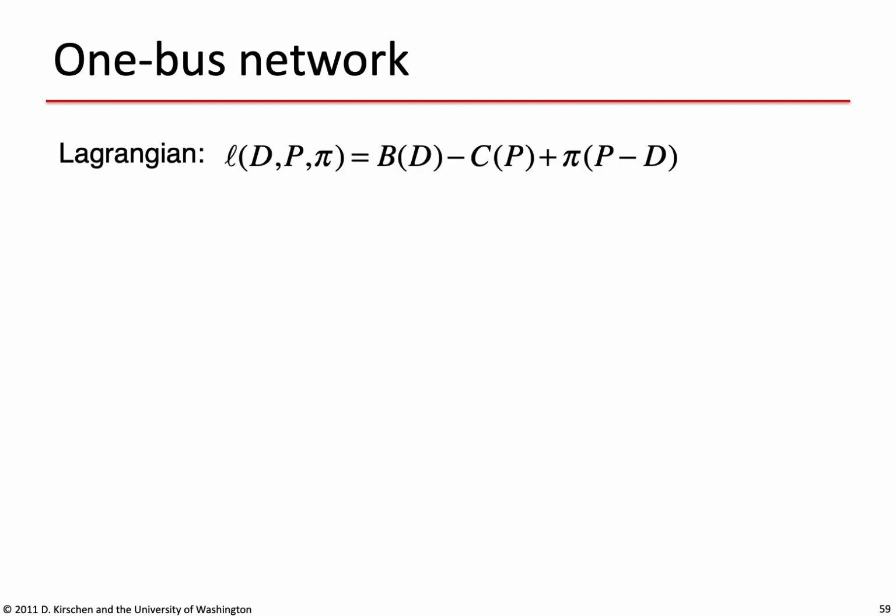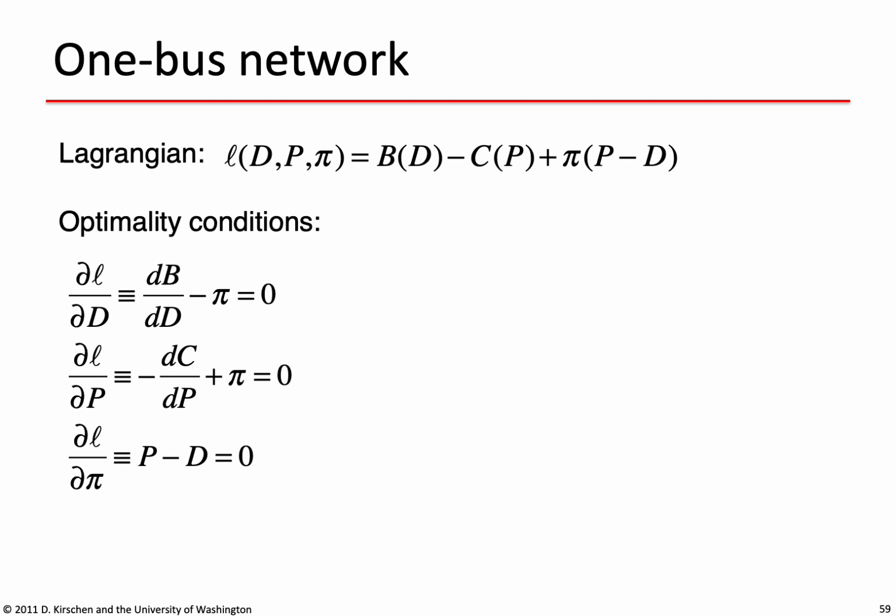In this one-bus network, our Lagrangian function is a function of three variables: the demand D, the power produced P, and a Lagrange multiplier, which we'll call pi for reasons that will become obvious. This Lagrangian is given by the objective function, B of D minus C of P, plus pi, the Lagrange multiplier, times P minus D. As usual, we can write the optimality conditions by taking the partial derivatives of the Lagrangian with respect to all the variables.